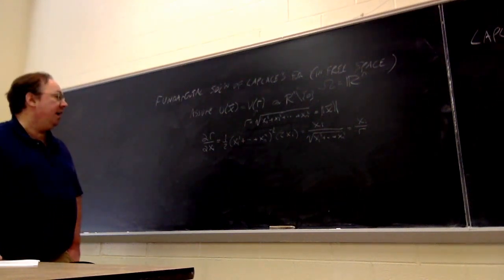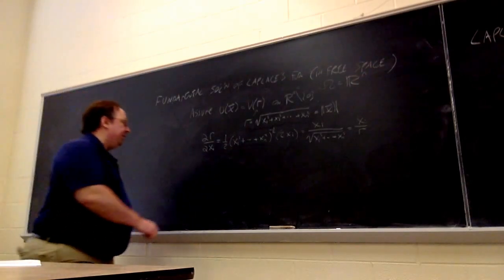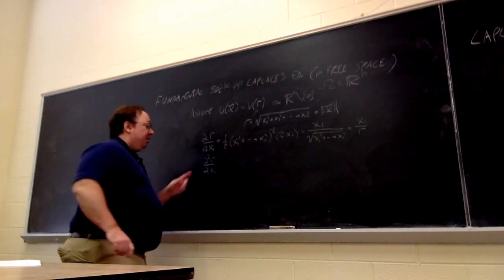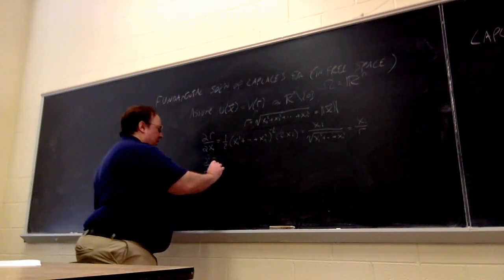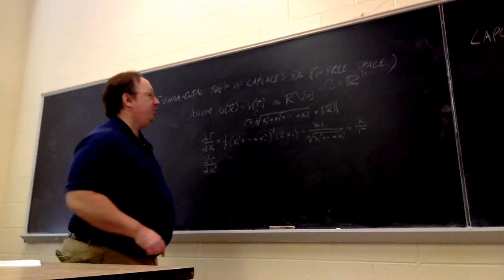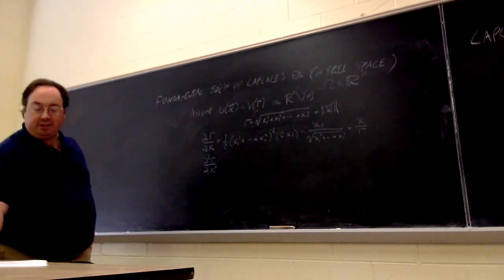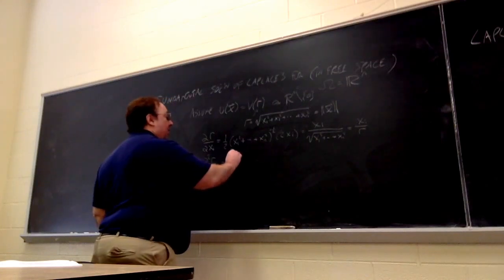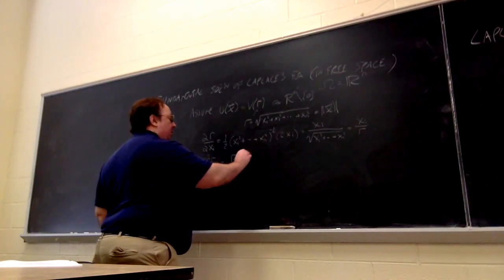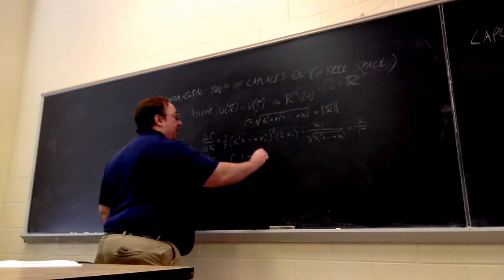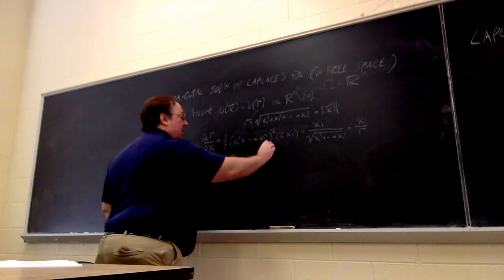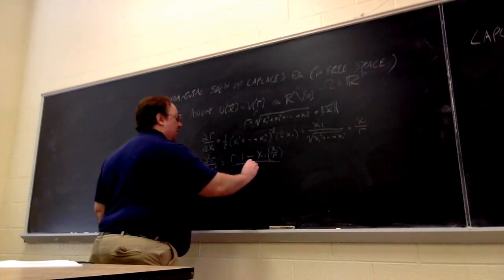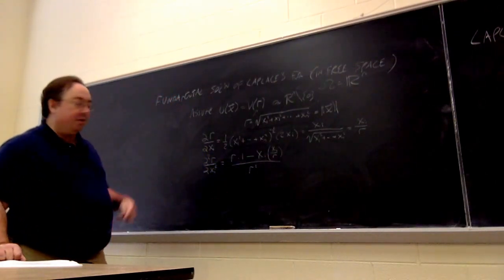So now I want to take the second derivative too. I can take a derivative of this with respect to xi, and I need a quotient rule. So that's going to be r times the derivative of xi, which is 1, minus xi times the derivative of r, but that is just xi over r again, all over r squared.